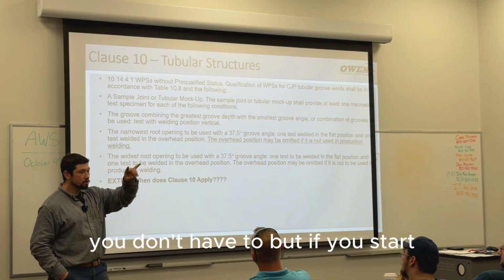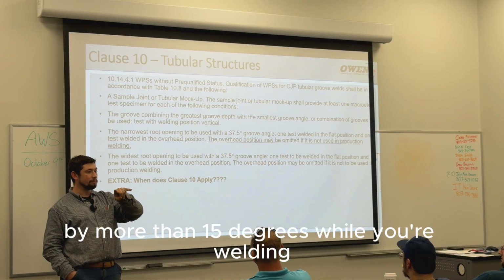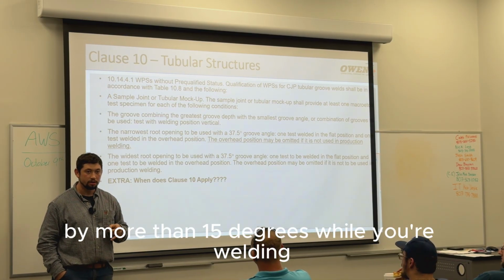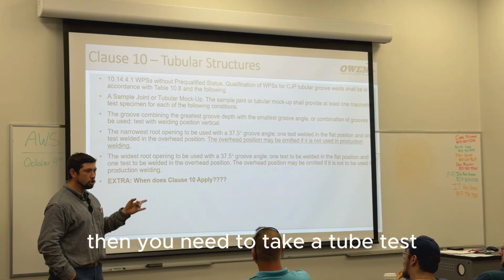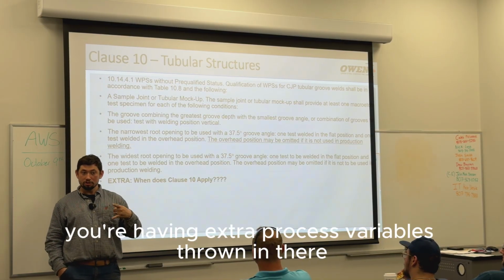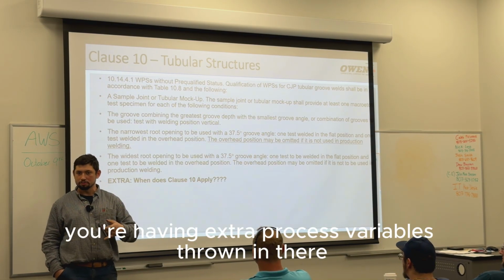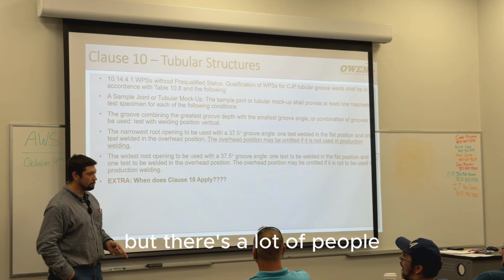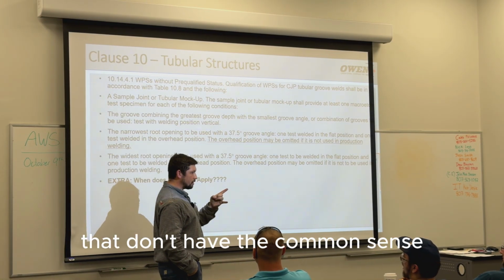But if your axis of welding changes by more than 15 degrees while you're welding, then you need to take a tube test because you're having extra process variables thrown in there. But there's a lot of people that don't have the common sense.